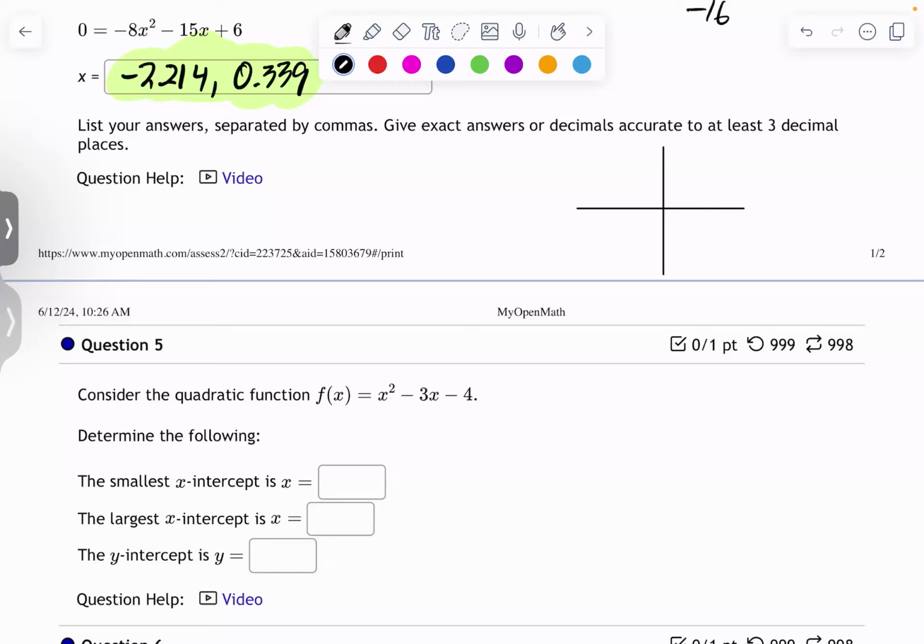All right, so the smallest x-intercept, so this is the intercepts for the x-intercepts. So when y equals 0, in other words, x squared minus 3x minus 4 equals 0. That's going to factor.